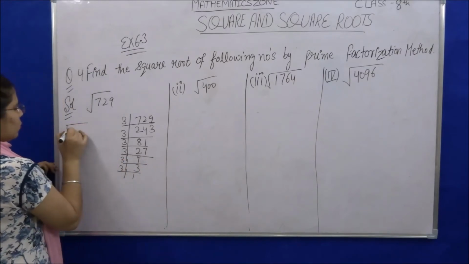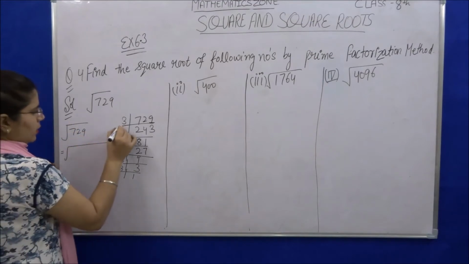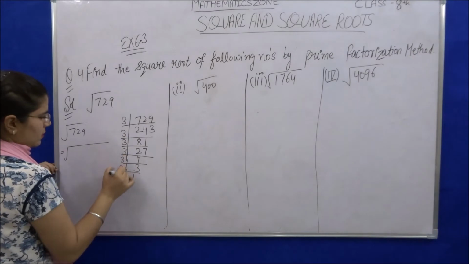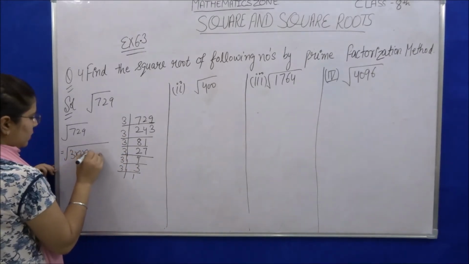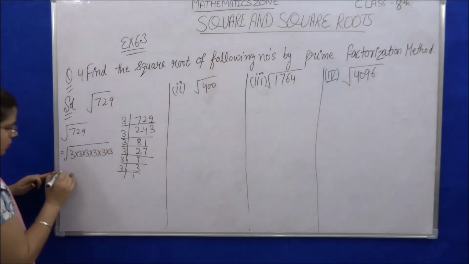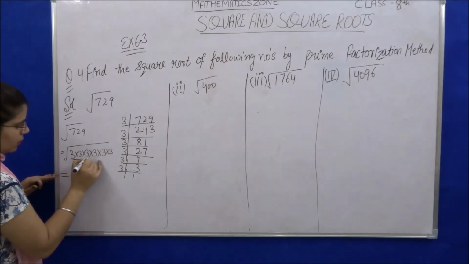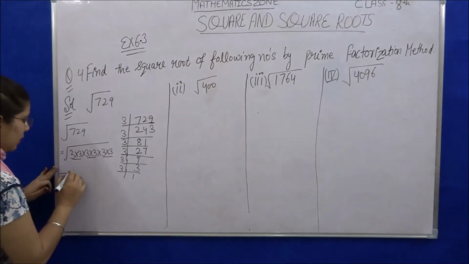Now square root of 729 will be like this: 1, 2, 3, 4, 5 and 6. So here are 3 pairs of 3 numbers.